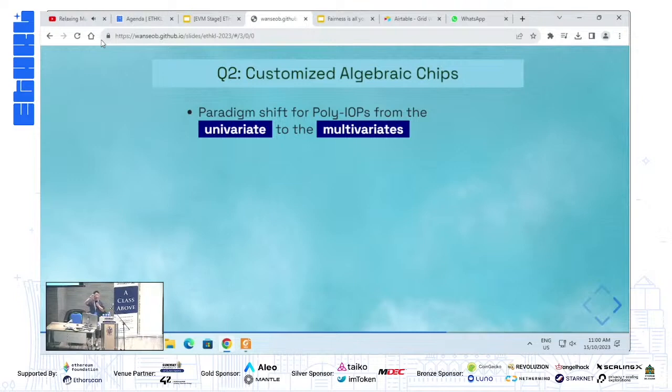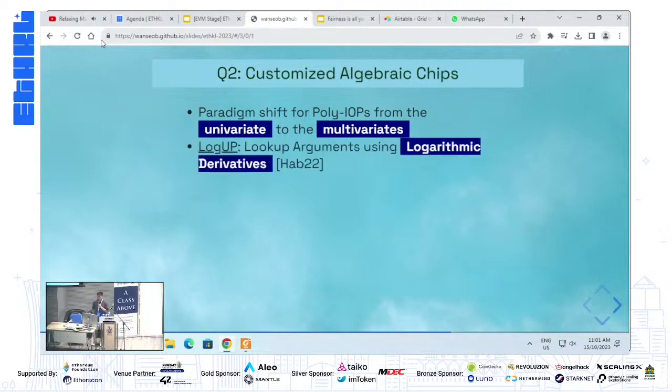But actually, we could convert that into a multivariate with very low degrees. And then we don't need any computations for the coefficients. We can express everything as linear combinations, which is much faster than computing the FFT. And there was also a big improvement in the recent lookup arguments using logarithmic derivatives, and I'm going to explain what the lookup is.